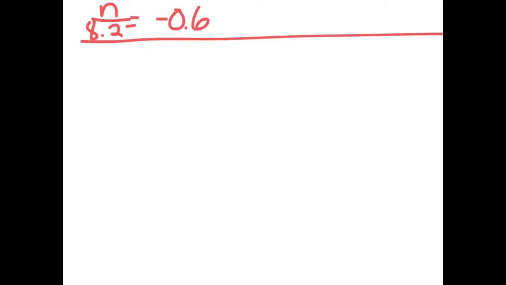For this problem, we will be doing the inverse property of multiplication, since it is division. So we will have to times n divided by 8.2 times 8.2. So negative 0.6 would have to be multiplied by 8.2.